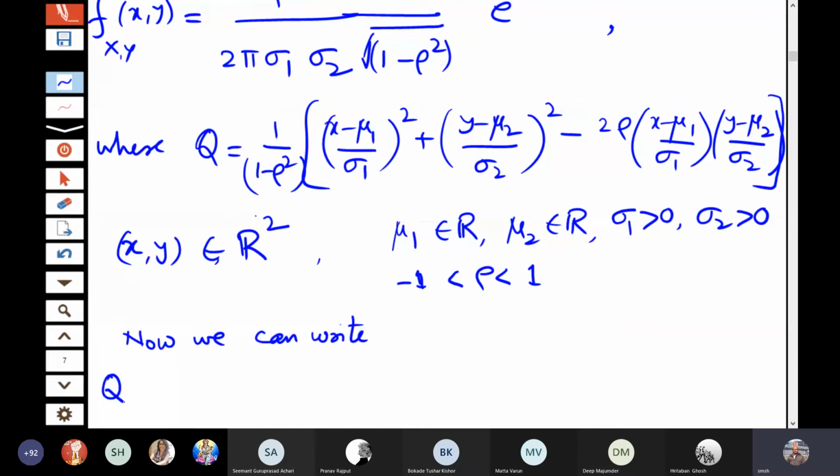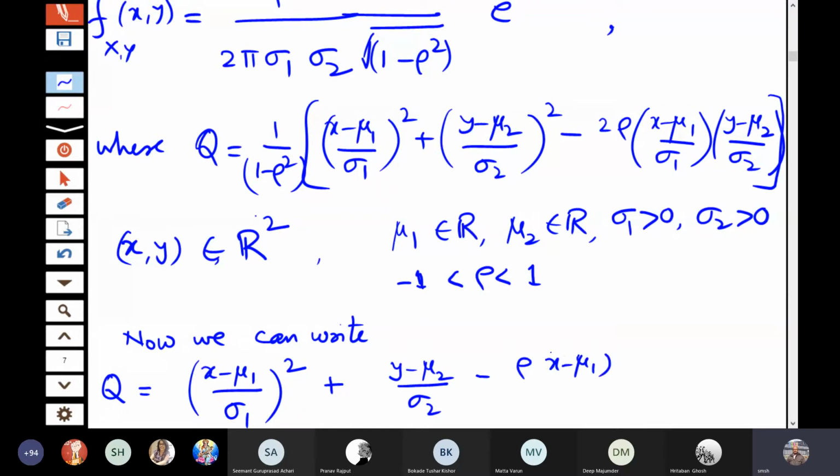So this q we write in two different forms. Okay, one is we write it as x minus mu1 by sigma 1 square plus y minus mu2 by sigma 2 minus rho x minus mu1 by sigma 1, whole square.